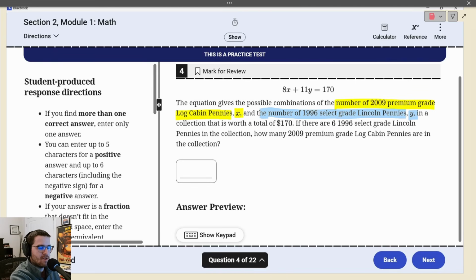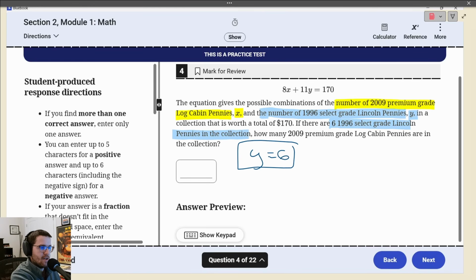And the 170 is already in the equation. We don't need to worry about that. And it says there are 6 1996 Lincoln pennies. So remember, Lincoln pennies was the y. So let me highlight that in blue. So this is essentially telling us y equals 6.